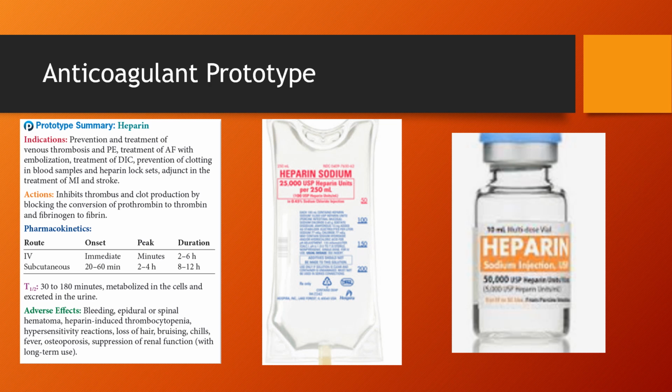It inhibits thrombus and clot production by blocking the conversion of prothrombin to thrombin and fibrinogen to fibrin. Our adverse effects are going to be bleeding, epidural or spinal hematoma, heparin-induced thrombocytopenia, hypersensitivity reactions. It can cause loss of hair, bruising, chills, fever, osteoporosis, and it can suppress renal function if it's used long-term.